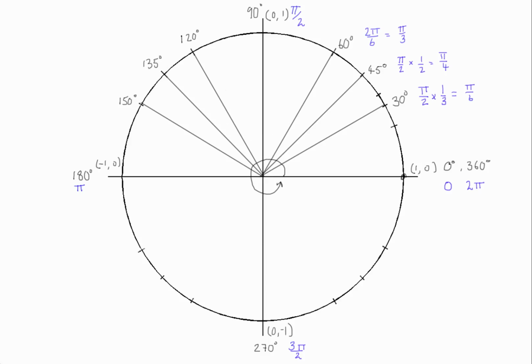So the logic behind these ones is 120, like we just said, is 90 plus 30 degrees. So its radian measure is going to have to be the radian measure for 90, which is pi over 2, plus the radian measure for 30, which is pi over 6.